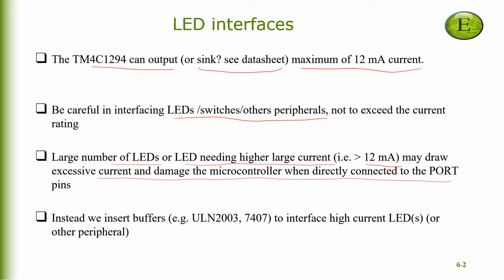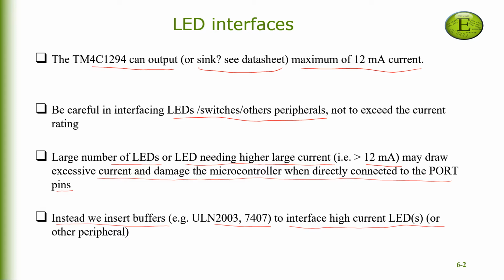So they must not be directly connected to the port pins. Instead, we shall insert buffers that can sink that higher amount of current, such as ULN 2003, 7405, or 7406 or 7407, between the microcontroller and the LED when we wish to interface the peripherals.